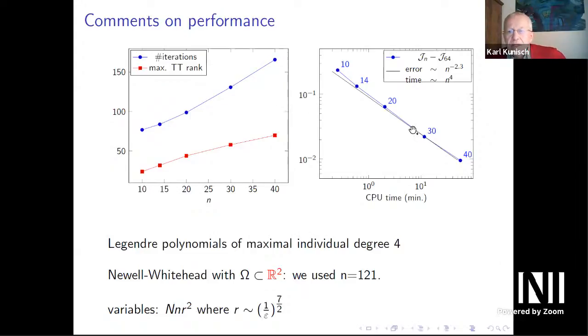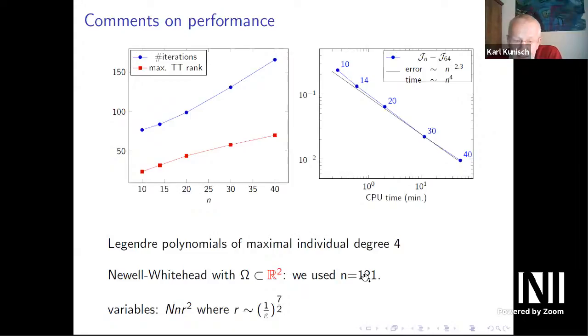And on the right, you see some graphics explaining the behavior of the CPU time and the error as a function of the dimension of the approximation. We also computed in dimension 2 and solved the HJB equation approximately with degree 121.